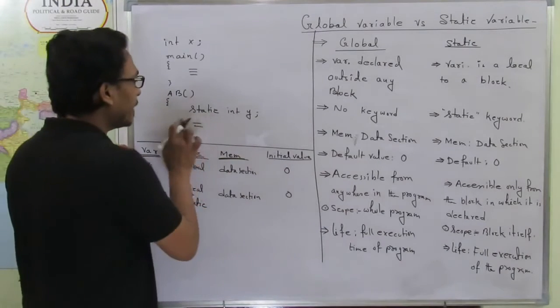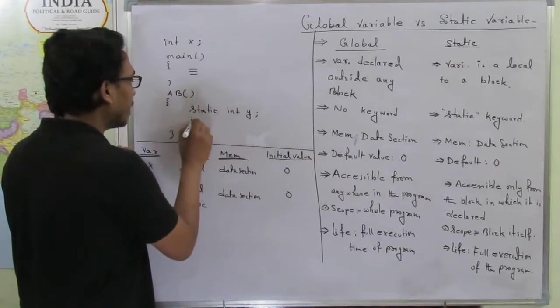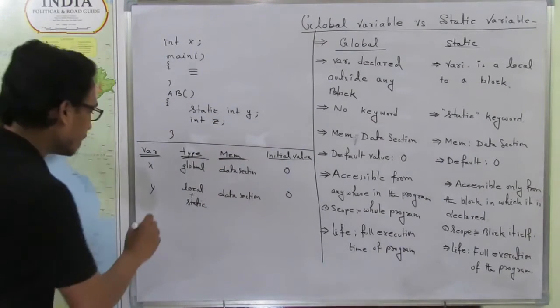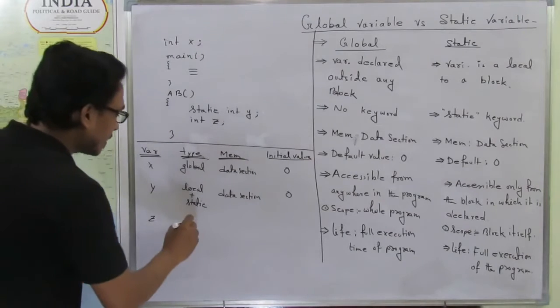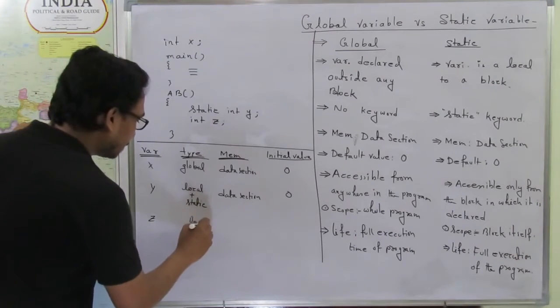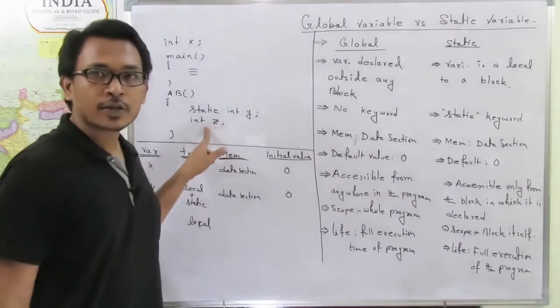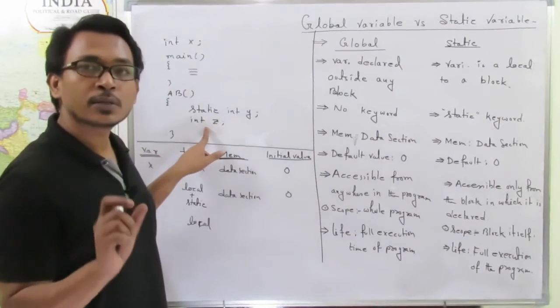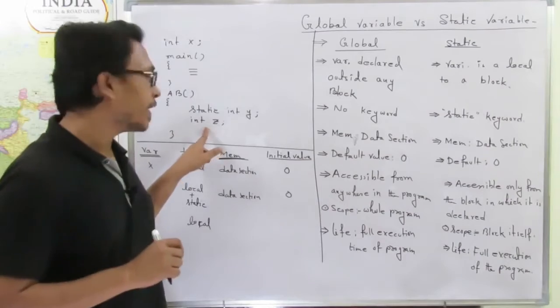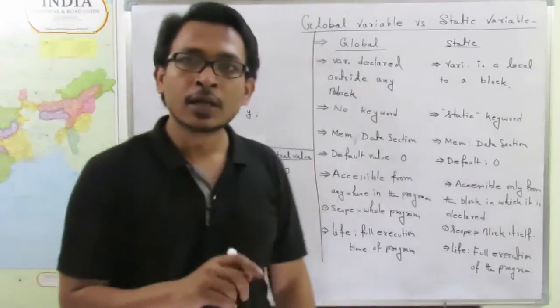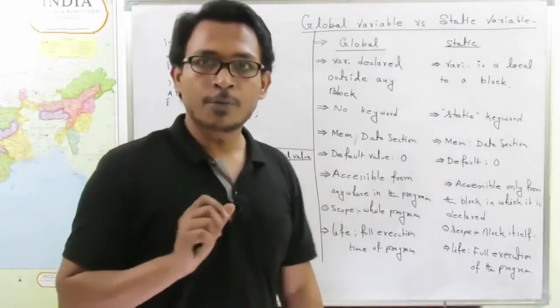Now what happens if in function ab we have one more variable, integer z? At that time what happens? Now z is a local variable, and is there any storage class specified for z? No, there is no storage class specified for the variable z. That means what will be the storage class for z? The storage class will be auto. Clear?